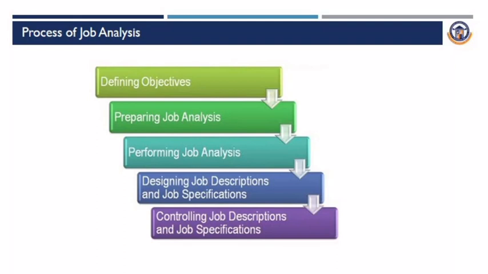Next is performing job analysis. All the collected data will be categorized. That is called performing job analysis. Next is designing job description and job specification. Under this, what skills are required, what the responsibility is, based on the role of the vacancy, these things will be designed. Next is controlling job description and job specification.